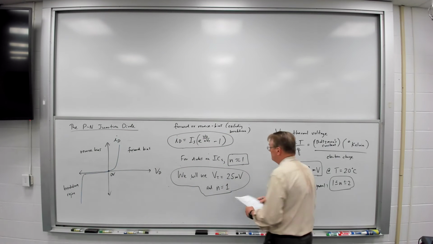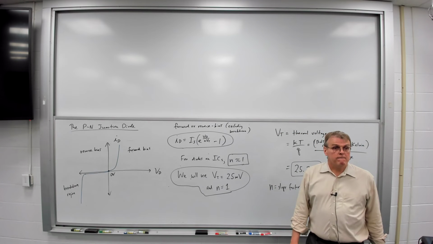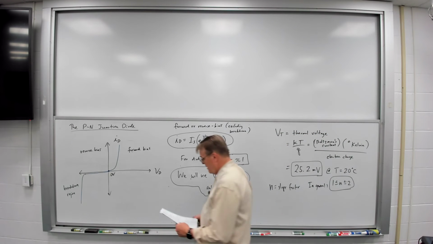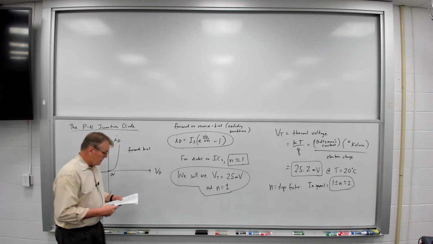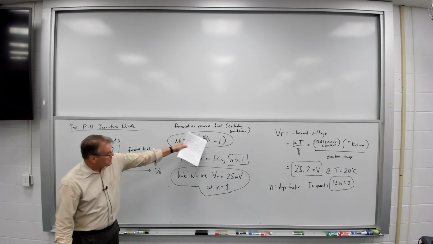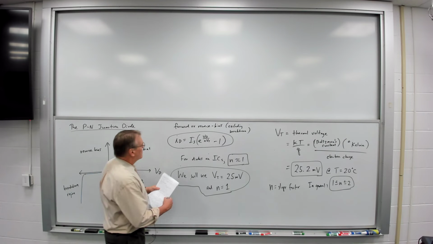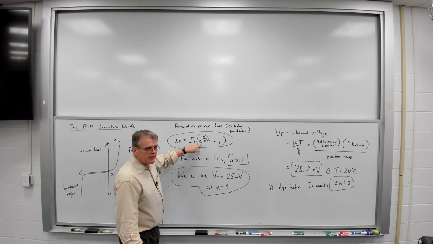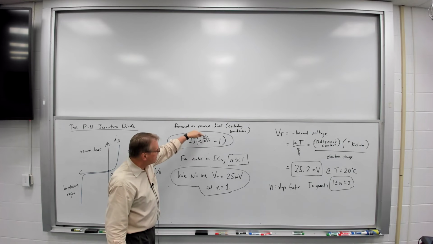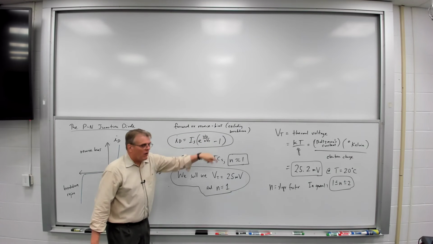All right? Questions? All right, now, if we look at this, let's consider what this equation tells us. We notice this is an exponential term, e to the Vd over nVt, all minus 1.